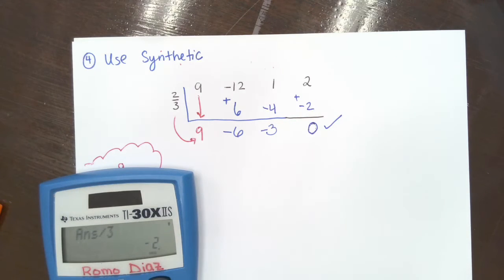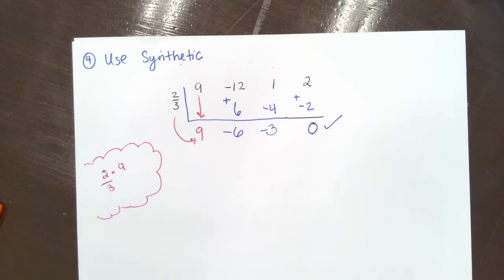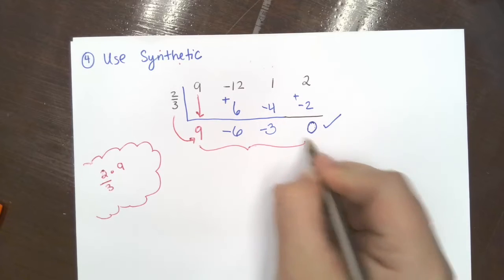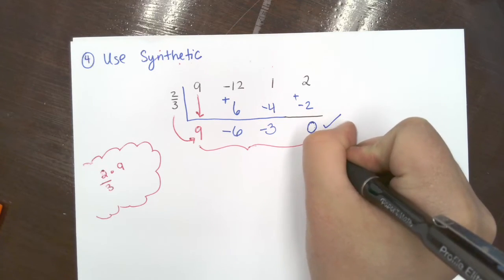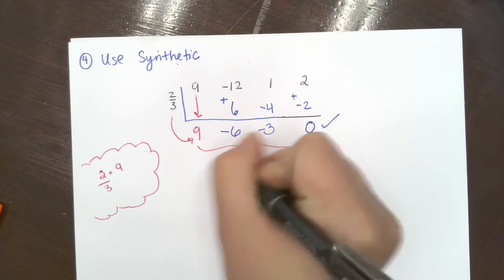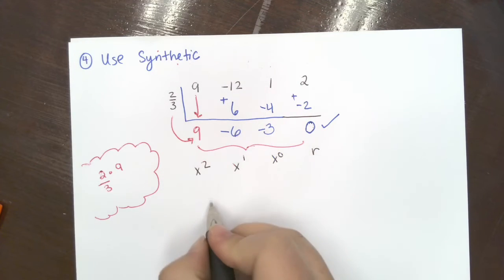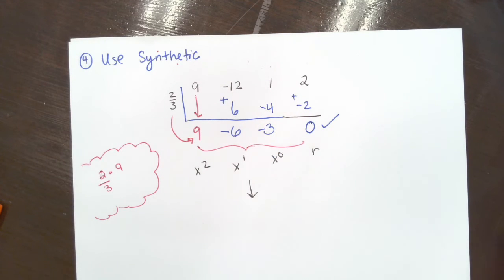Okay, now that it gives us a 0, we can take our quotient, this answer here, and rewrite it. So we have 9, negative 6, negative 3, remainder 0. So rewriting it, step 4, 5, rewrite.